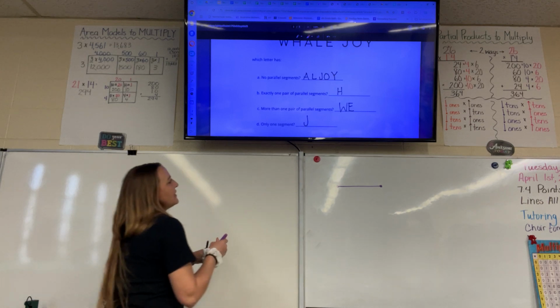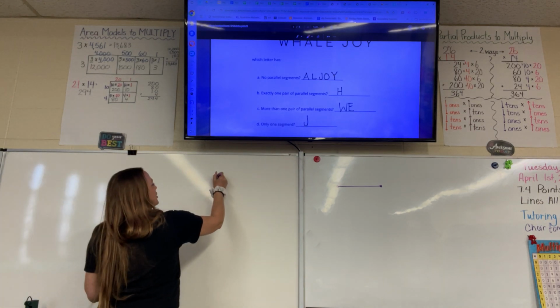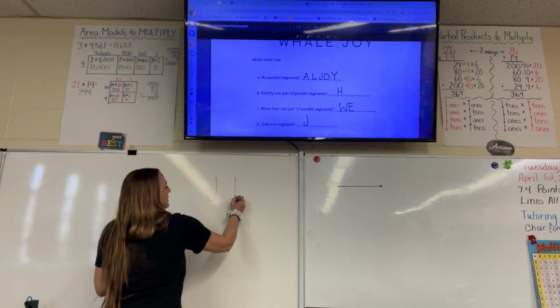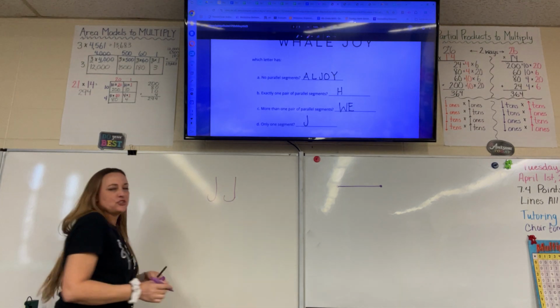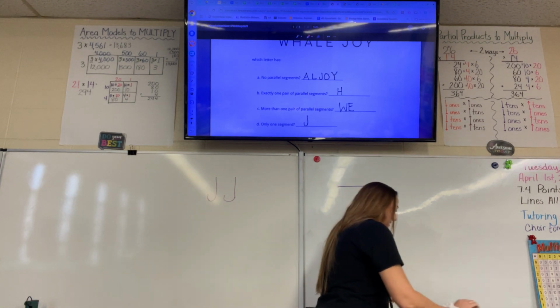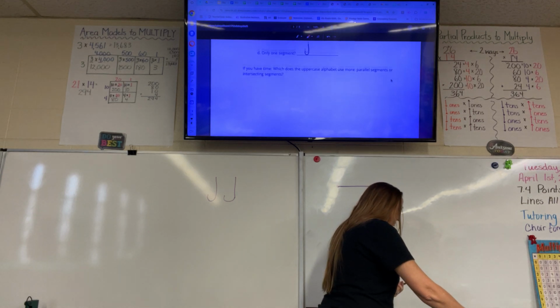Okay. And that's why I don't like it, because I don't really think when I make a J, I just do that. I don't make a line segment and then attach the curve. That's how I make it. So, they say that J has only one segment, but I can't really see that. Okay.